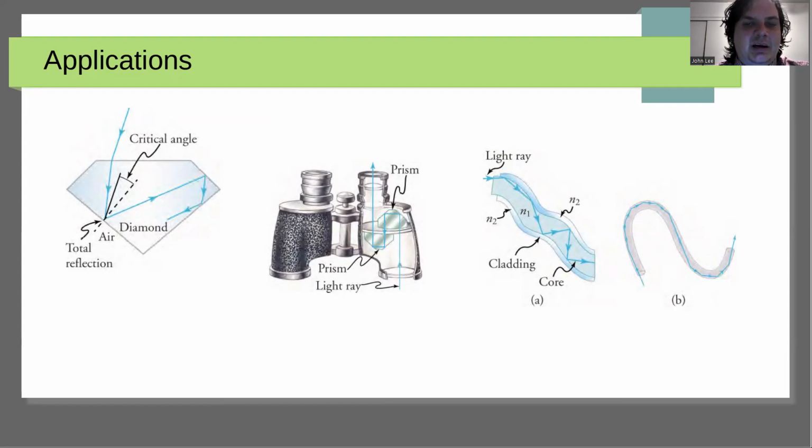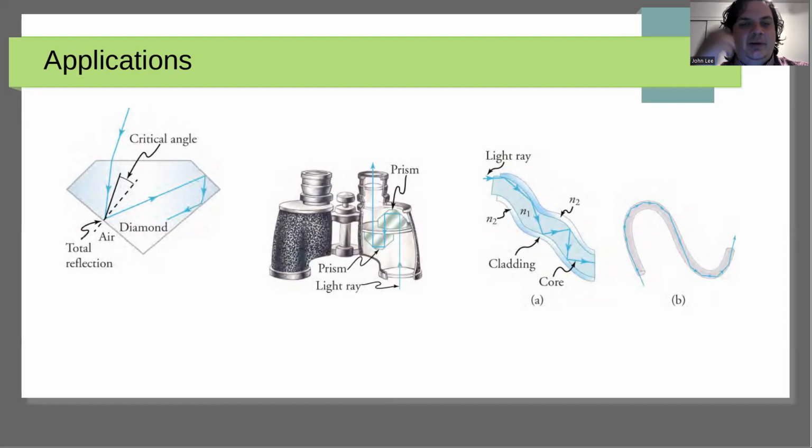And then another example of the use of critical angles is binoculars. You have two prisms which reflect inside.